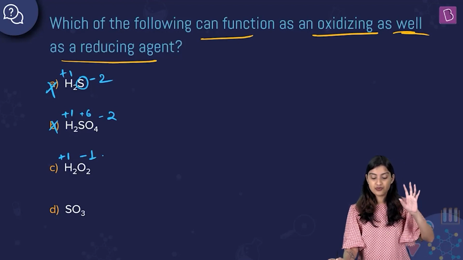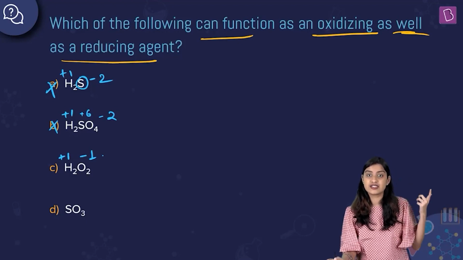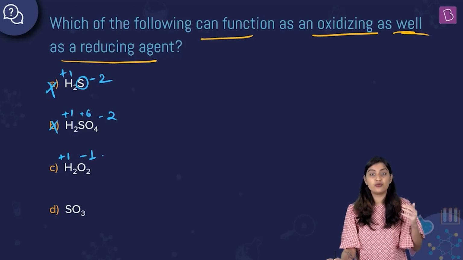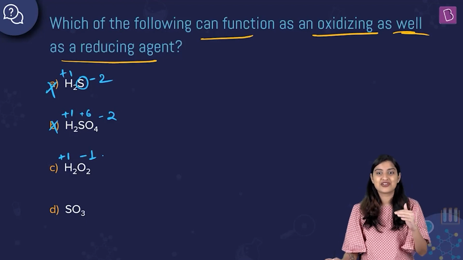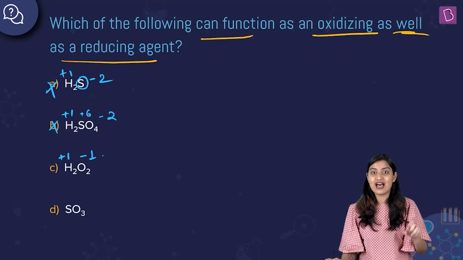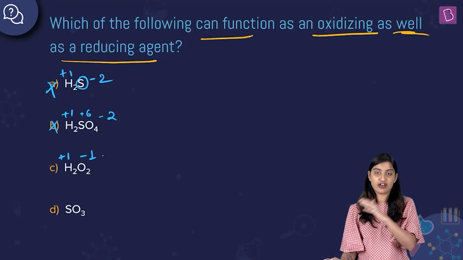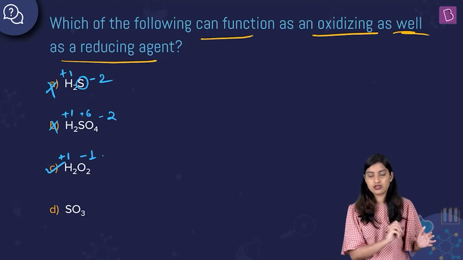Oxygen's highest oxidation state is the elemental state, 0, or the superoxide state, and the lowest oxidation state it can go to is the oxide form, O²⁻. Here it is in the -1 state, which is an intermediate oxidation state. So H2O2 can act as both an oxidizing agent as well as a reducing agent. It can function as both. So H2O2 is going to be the correct choice.